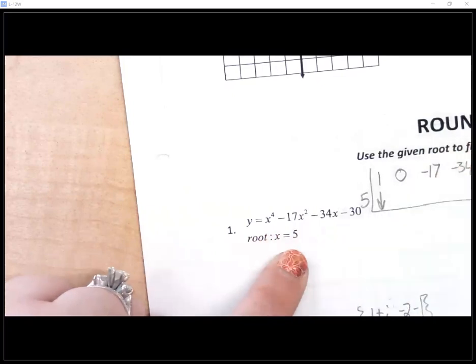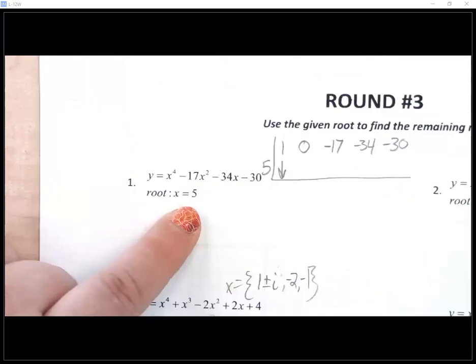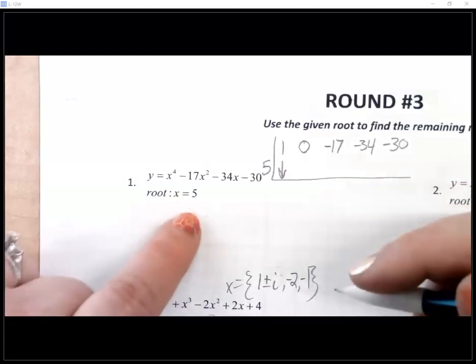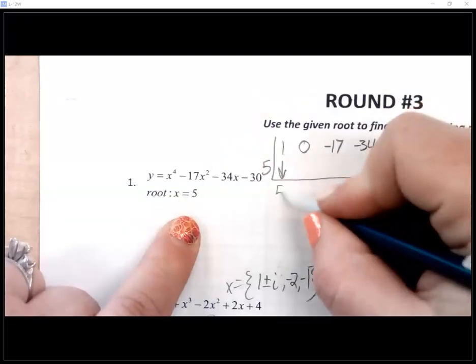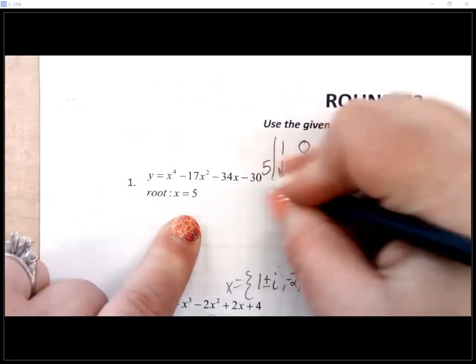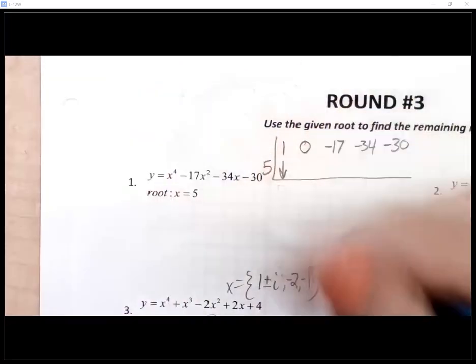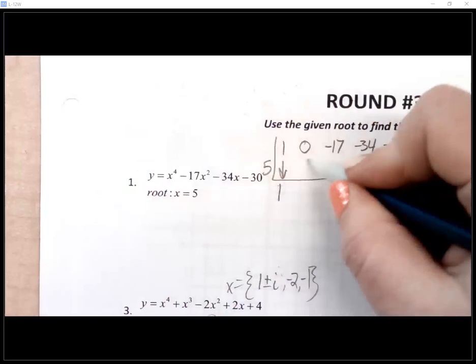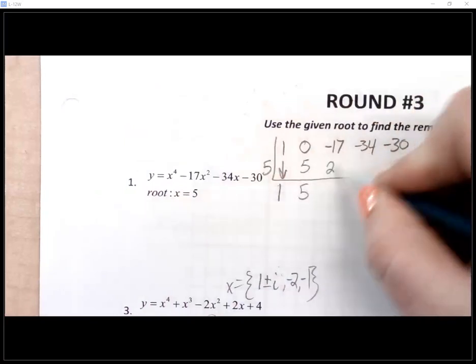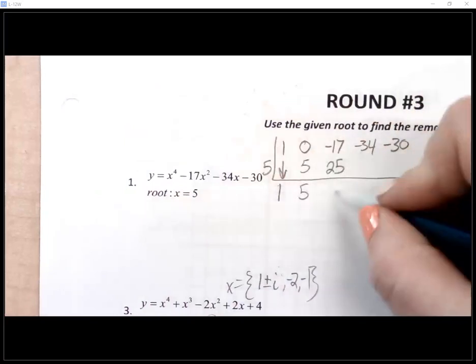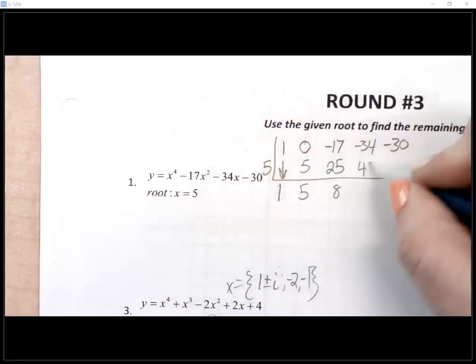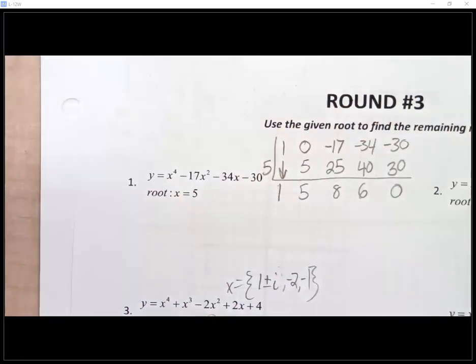I should get a 0 because they're telling me, hey, this is a root. If I don't get a 0 as a remainder, I know that I did something wrong. So let's see what we get out. That's 8. So that's 40, 6, 30. Hooray! We got 0 as a remainder, just like we should have.